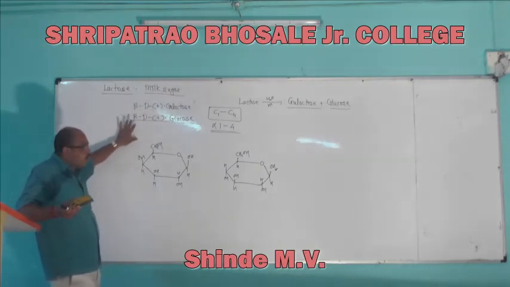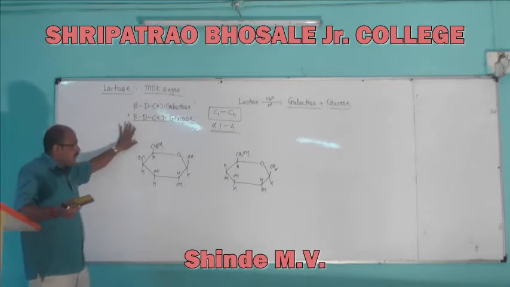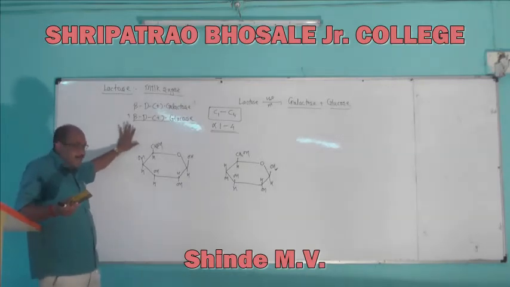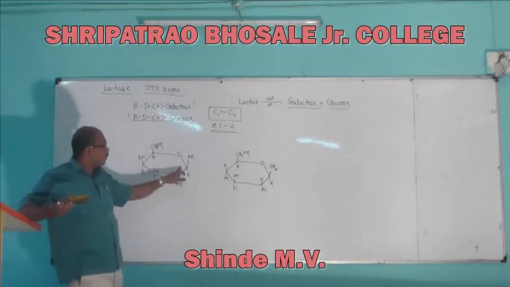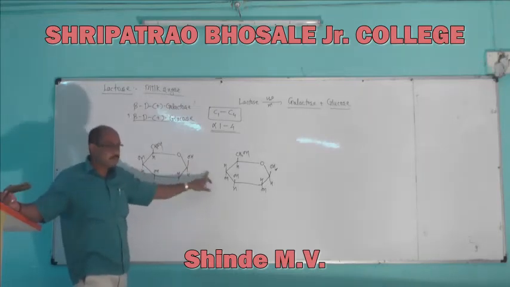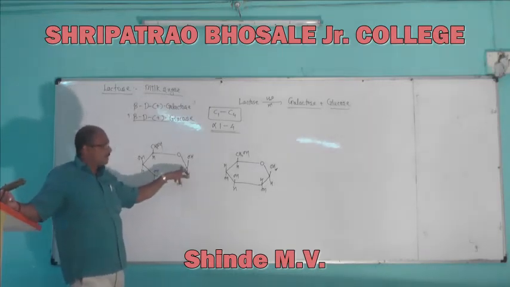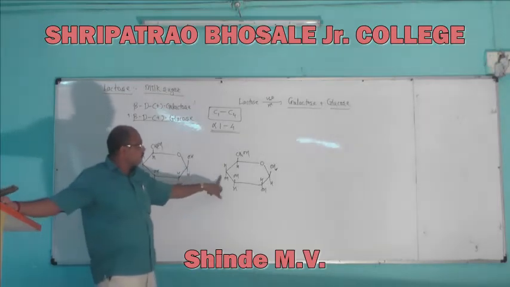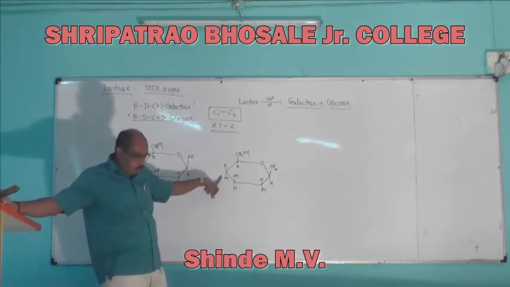These two are epimers of each other, and we have the glycosidic linkage between C1 of beta D galactose and C4 of beta D glucose.